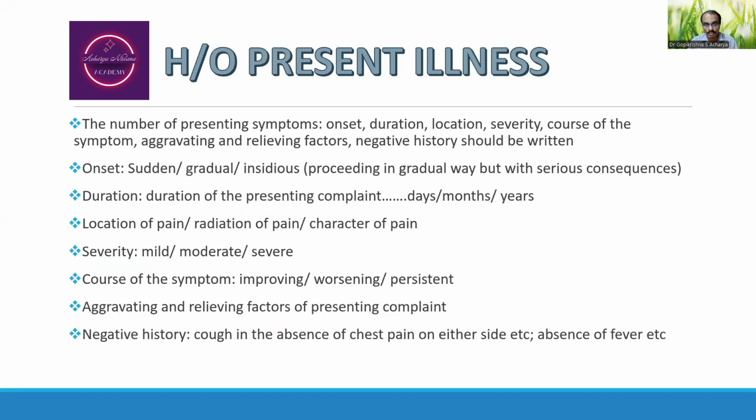When you think about the history of present illness, a little bit of elaboration. As already mentioned, when the person is having 2 symptoms, all those 2 symptoms have to be evaluated based on the onset, duration, location, radiation, character, severity, course of the symptom, aggravating and relieving factors.